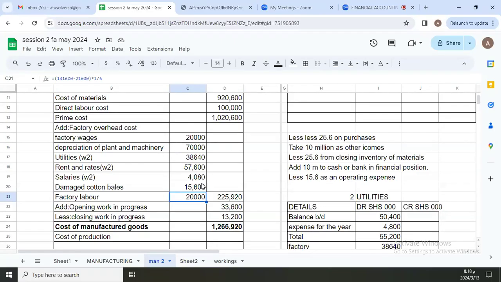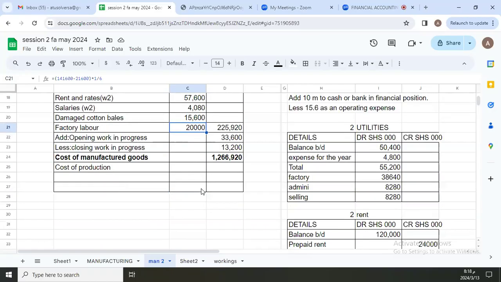The good thing with manufacturing accounts is that they will exactly tell you where each item belongs. So for this reason, it was the same, but classified into two, direct and indirect. Hope I've answered her.